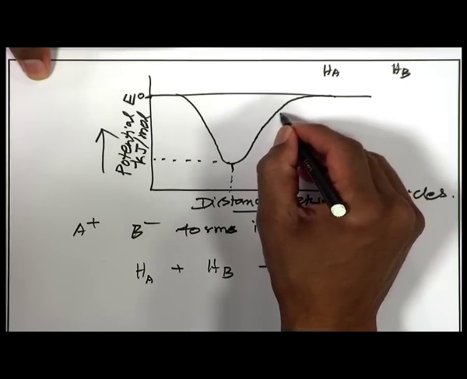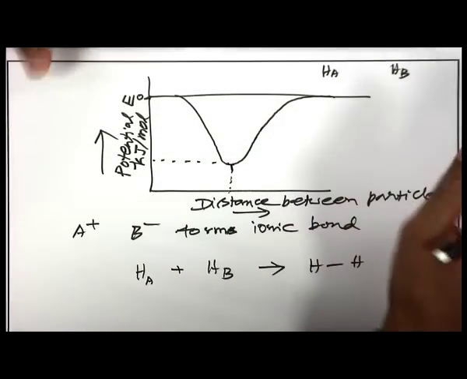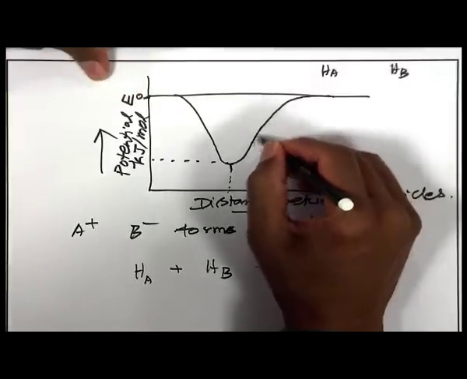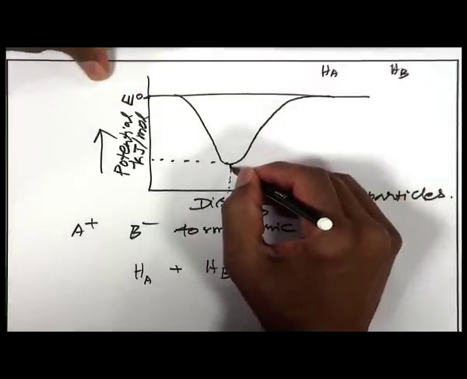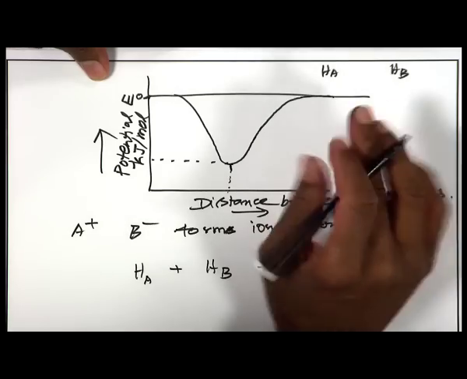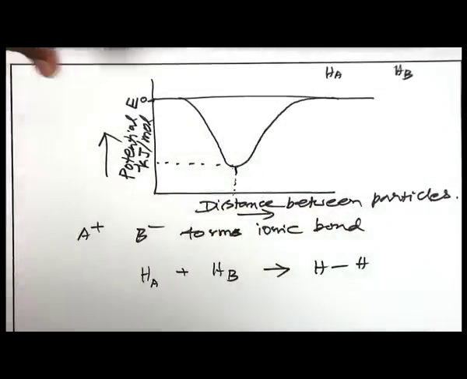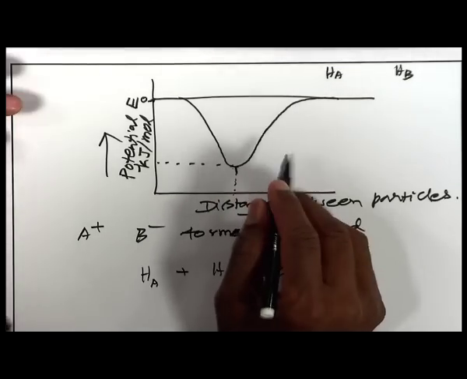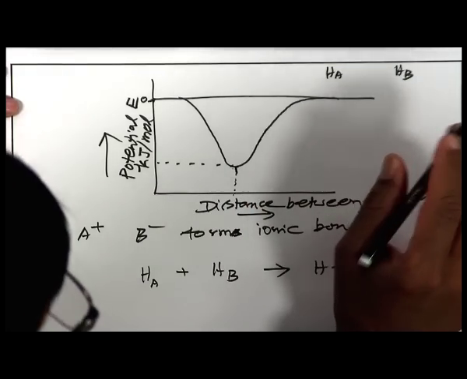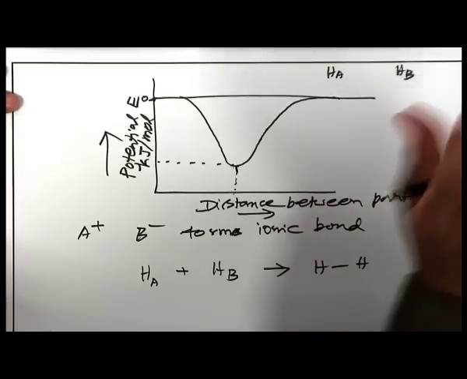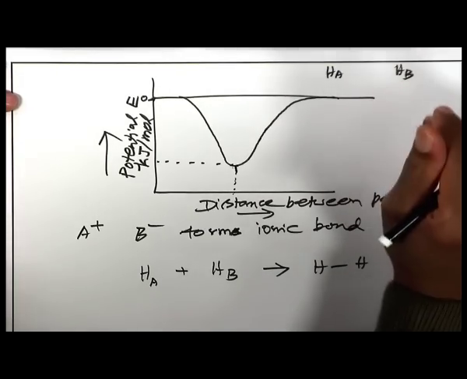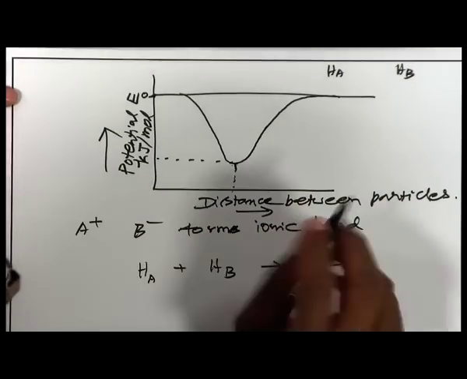So, energy decreases when these two particles approach each other and then reaches the minimum, the optimum distance between them at which the minimum energy is obtained. After that distance, any decrease in distance will lead to an increase in energy. That is what is happening.